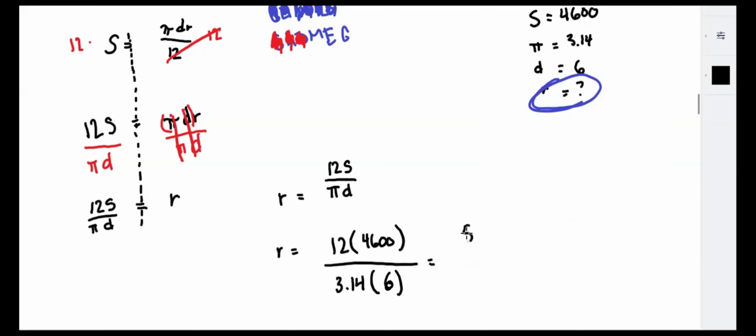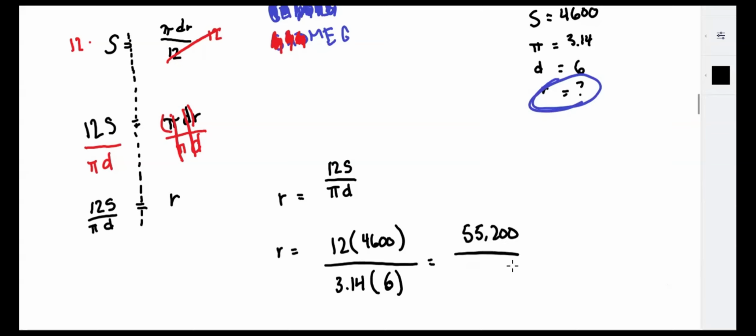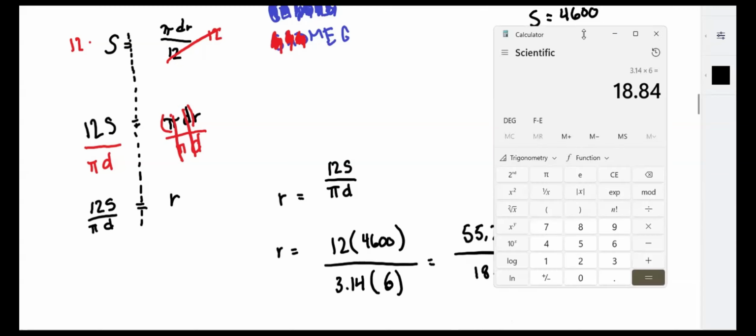Okay, so 55,200, and 3.14 times 6, 18.84. Oops, 18.84. Let's continue simplifying this down as much as possible.